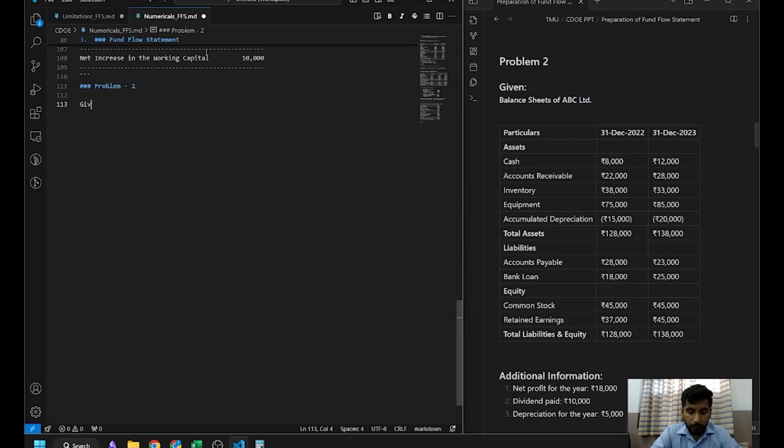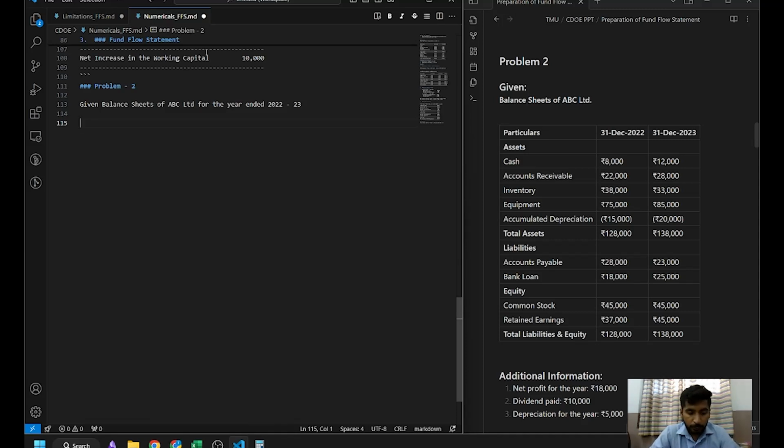We are given the balance sheets of ABC Limited for the year ended 22-23.